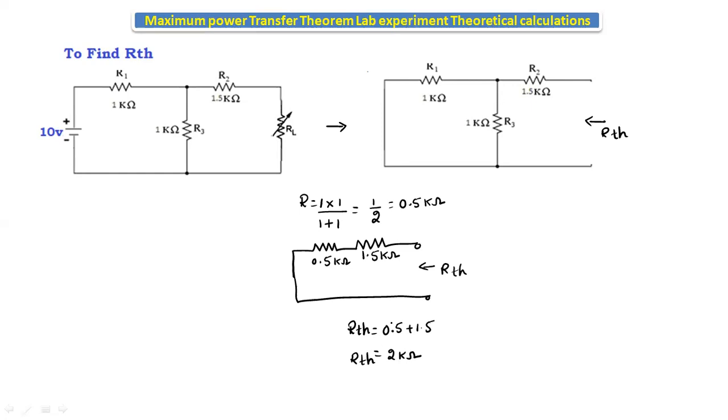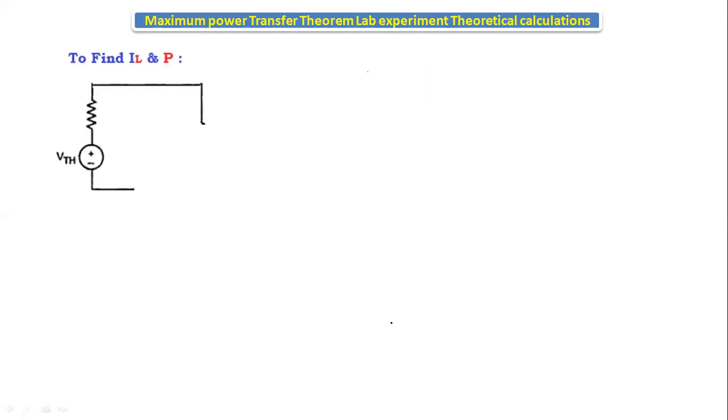Now we got the VTH value and the RTH value. Now we will replace the VTH and RTH values in the equivalent circuit. So here we will place the VTH value. The VTH value we got is 5 volts and RTH value we got 2.2 kilo ohm.